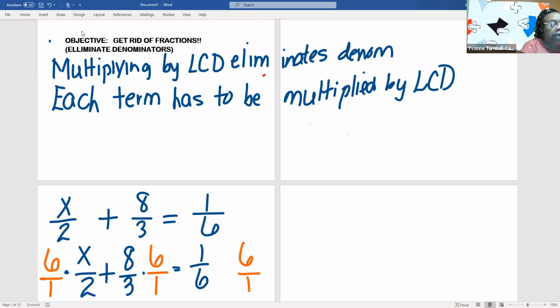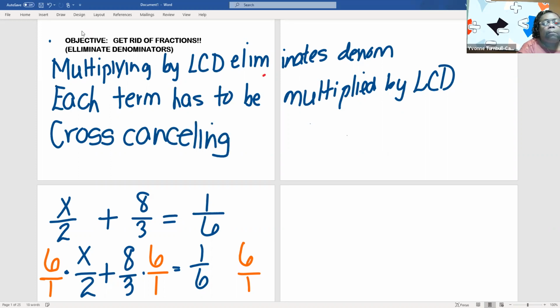Cross canceling is the key, because by cross canceling, you should eliminate your denominator.